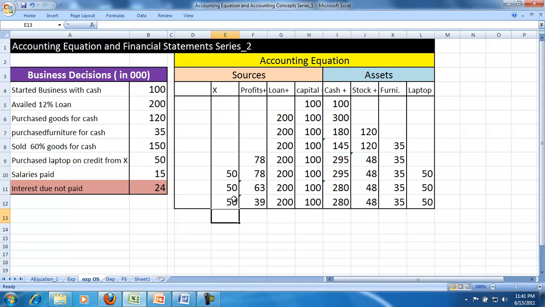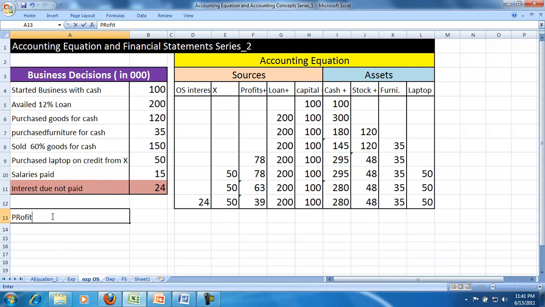So profit reduces, but you have to pay that, isn't it? So I'm going to create another item called outstanding interest 24. That means interest will be recorded even if not paid because of the accrual concept.